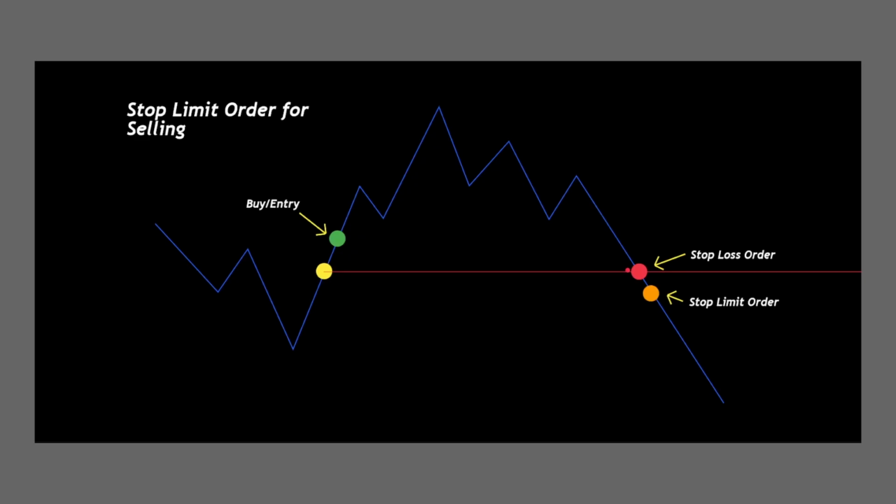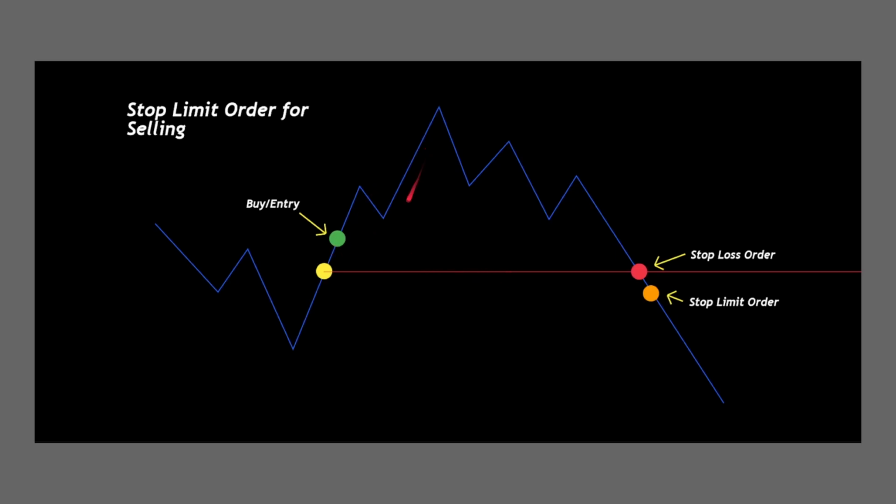Now, if price hits this, the order is activated, and then keeps going down, then our stop limit will be executed because it was activated, it was put on the order book, and that will protect our account from further losses. So it's just another way of protecting your account.